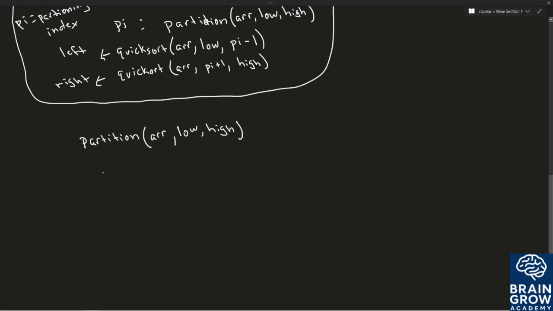And then in here we're going to get our pivot. Pivot is equal to, in our case, our high index, the last element, so we set it to array of high, and then i is going to be equal to 0, and we will set j to high minus 1.